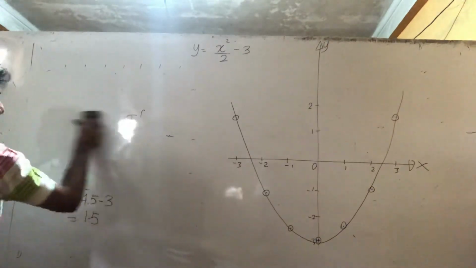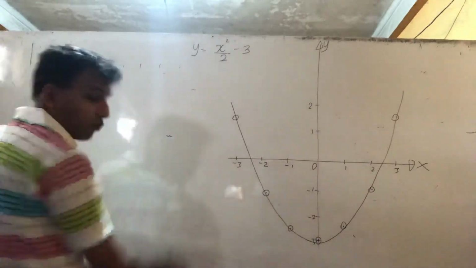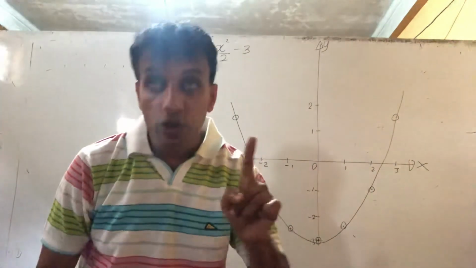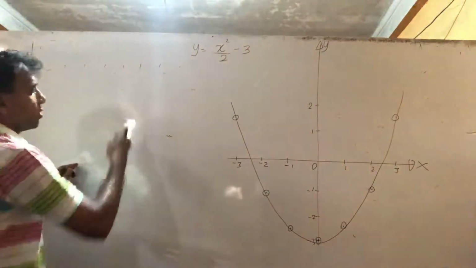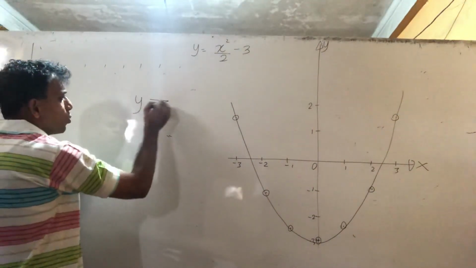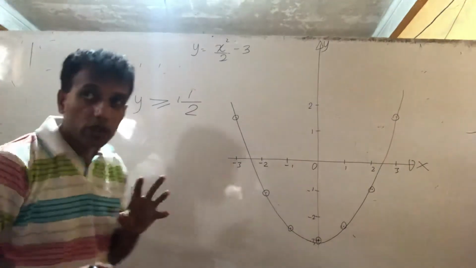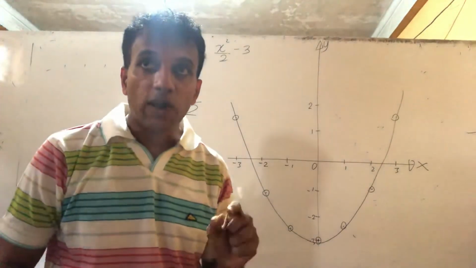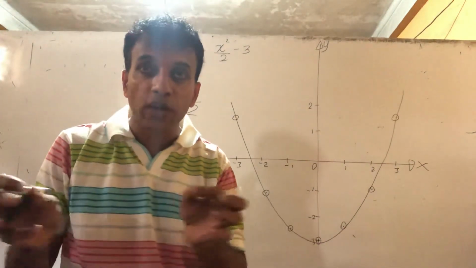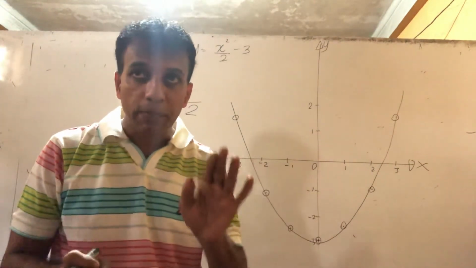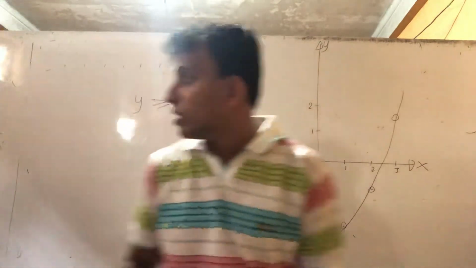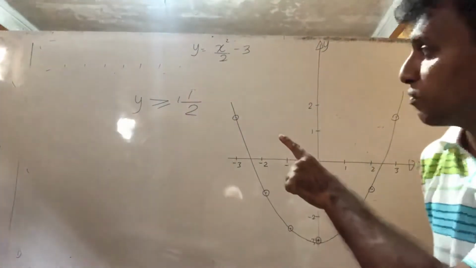See an important part. When y takes more than 1.5, y greater or equal 1.5, what is the x boundaries or x range? See the method how to answer. Where is your y equals 1.5, grade 8 maths?